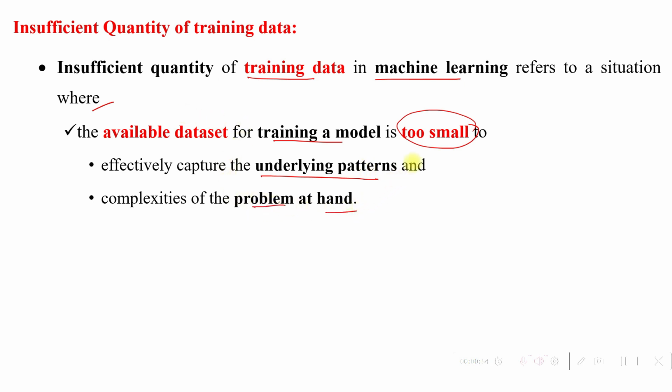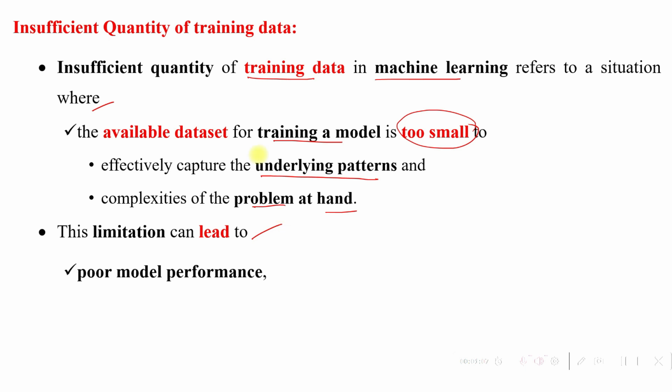That means the data set is too small to get the patterns in your problem statement. This limitation can lead to poor model performance, overfitting, and biased predictions.